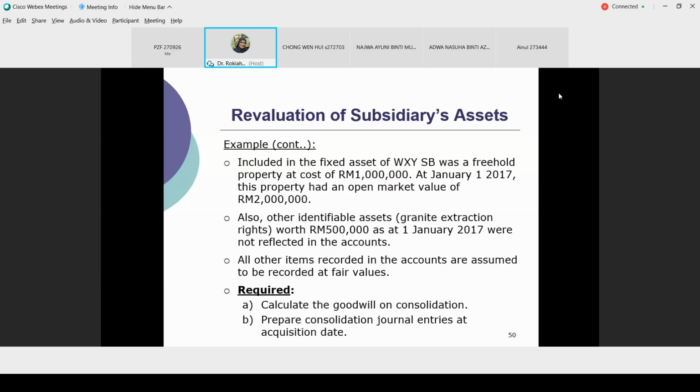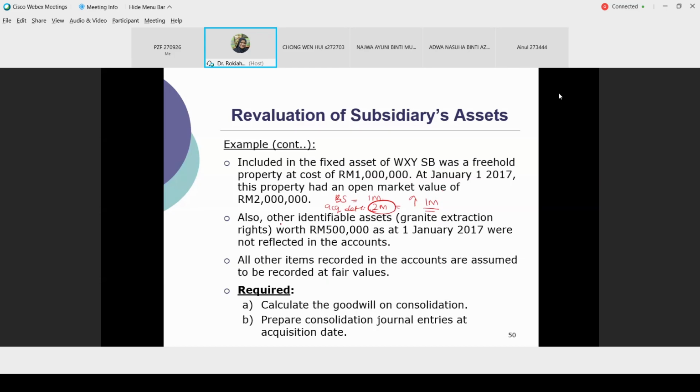On the 1st of January, this property had an open market value of 2 million. In the statement of financial position, the property is recorded at 1 million, but at the acquisition date the value becomes 2 million. So there is an increase of 1 million.